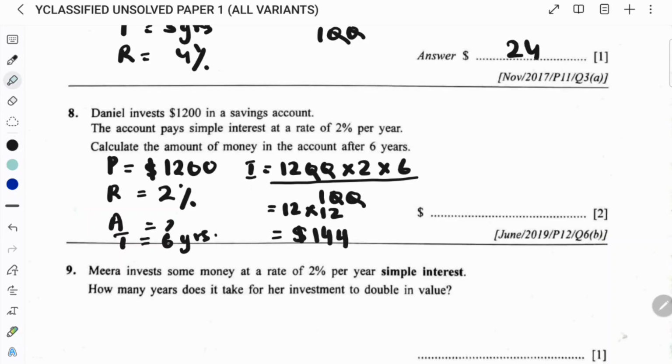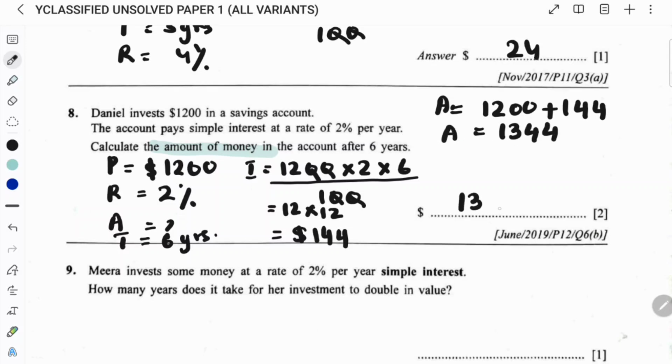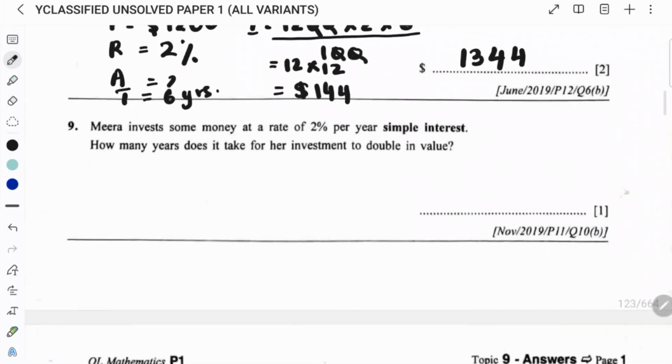But they are asking us to calculate how much is the amount. So amount is equal to the principal plus interest, 144. So you'll be getting 1344. $1,344 is the total amount, $1,344.